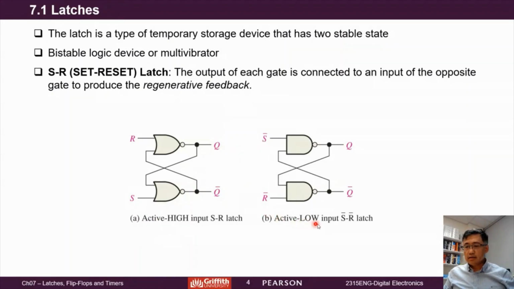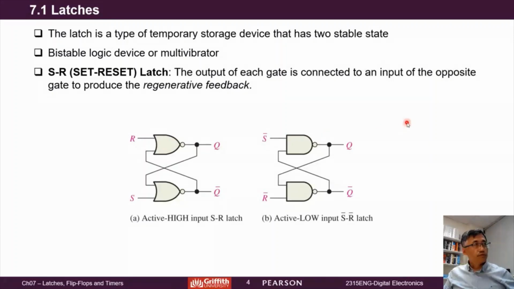So this one is called the active low latch, just the opposite. So if set is low, output will be high. Just set output to be 1. Just the opposite way. All right. So these are just two examples to make latches.